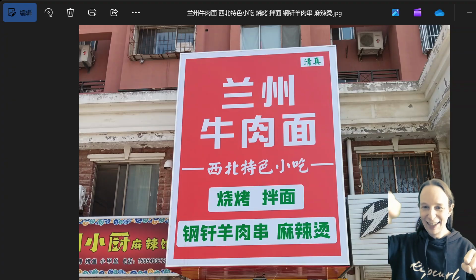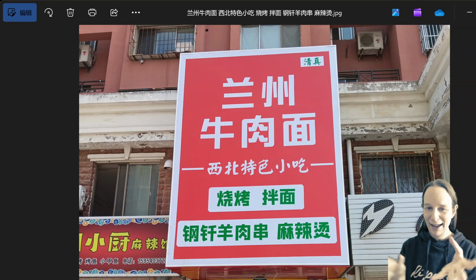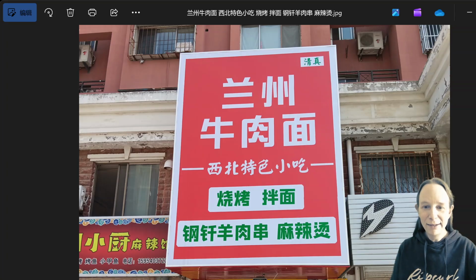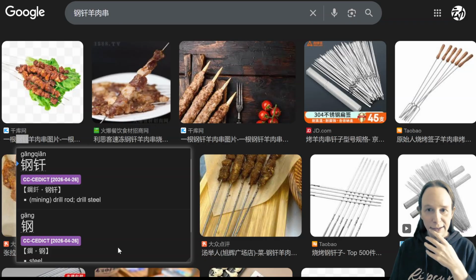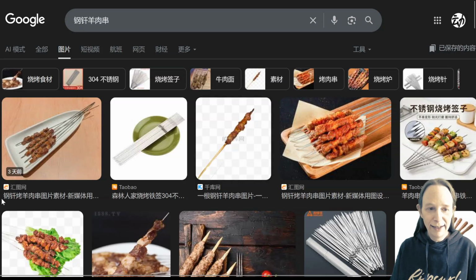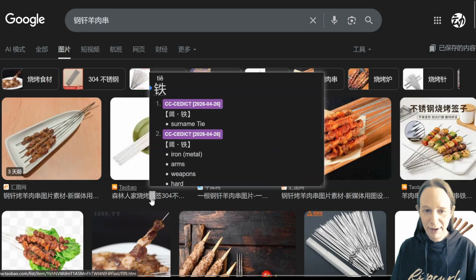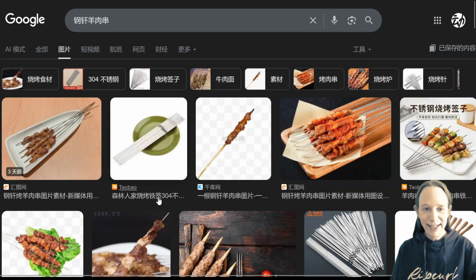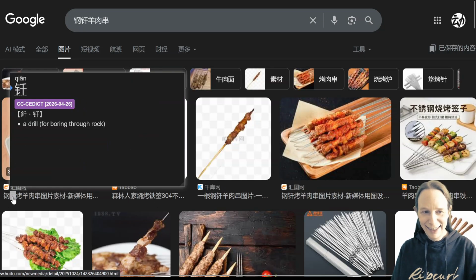You select the things to put into your soup, and then the cook makes the soup, and you have soup. 麻辣烫. Hence why I take photos of things. So that was an example of 钢签, which we can also call 铁签. So iron qian, but it's a different qian. This qian and this qian are different.